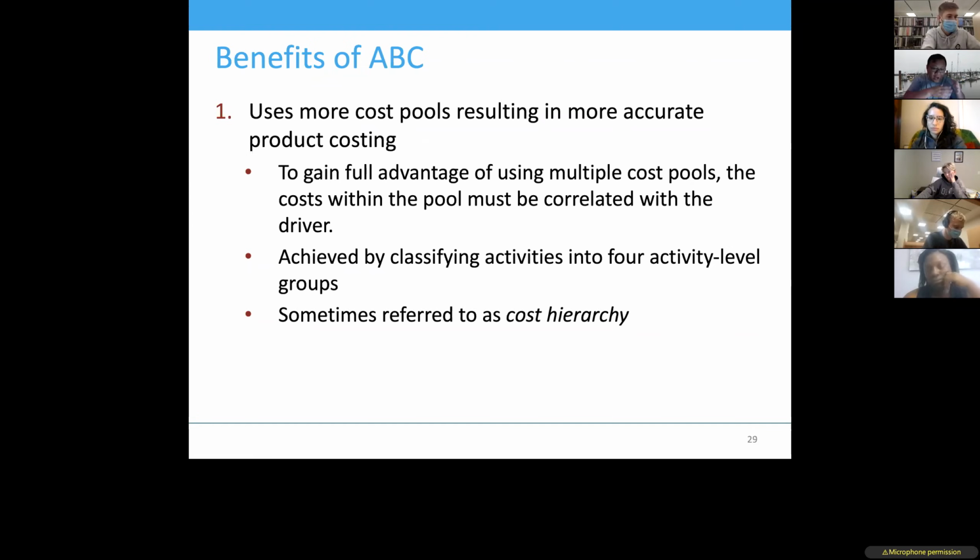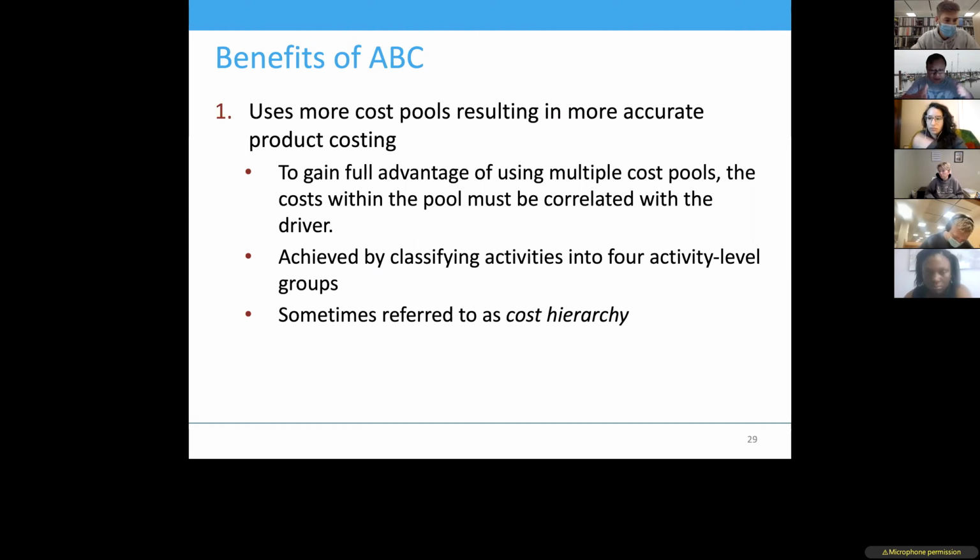And note that the cost driver you select will be the one that correlates with that cost. Remember, traditional costing uses only one cost driver, so that might not be a good approximation. Maybe the correlation is not that strong if you use only one cost driver to correlate with the entire amount of overhead cost.